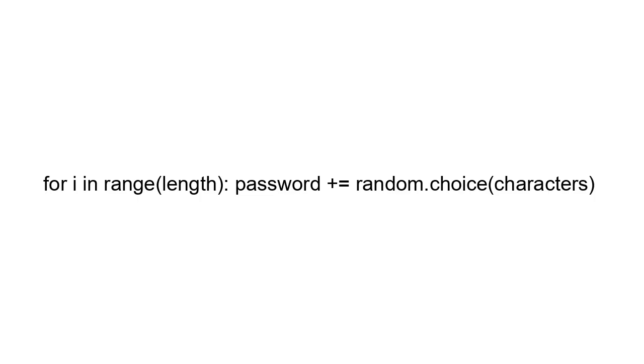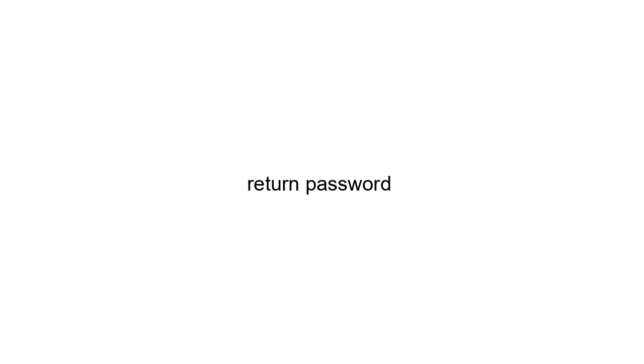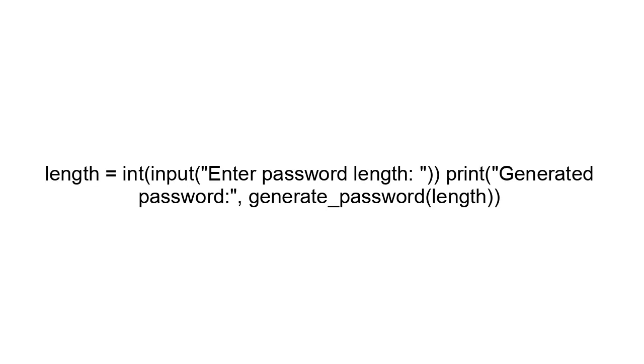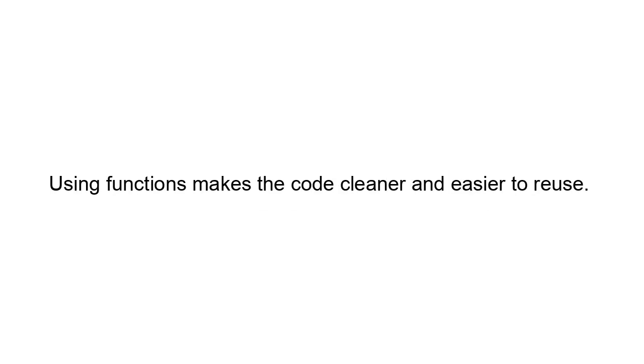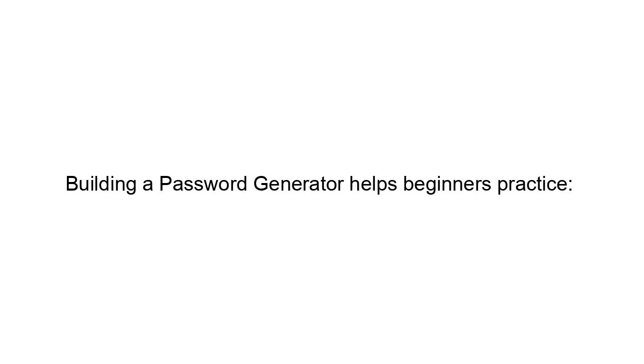Password equals empty string. For i in range length: password plus equals random.choice characters. Return password. Length equals int input, enter password length. Print generated password, quote, generate_password length. Using functions makes the code cleaner and easier to reuse.